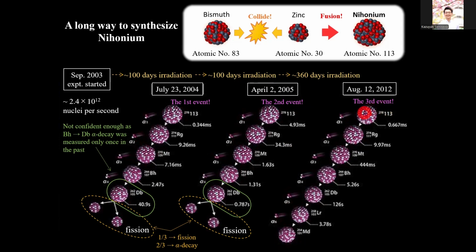Finally they obtained the third event, which decays through alpha decay, and it agrees with the known alpha emission data. So with those 3 events, they could finally get the naming license.